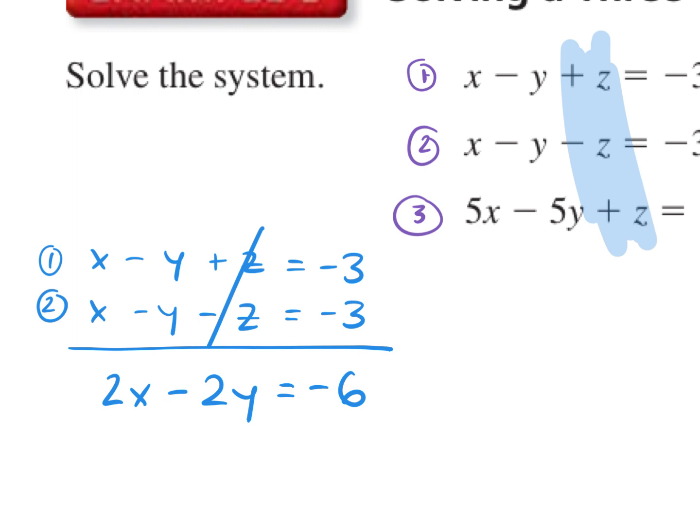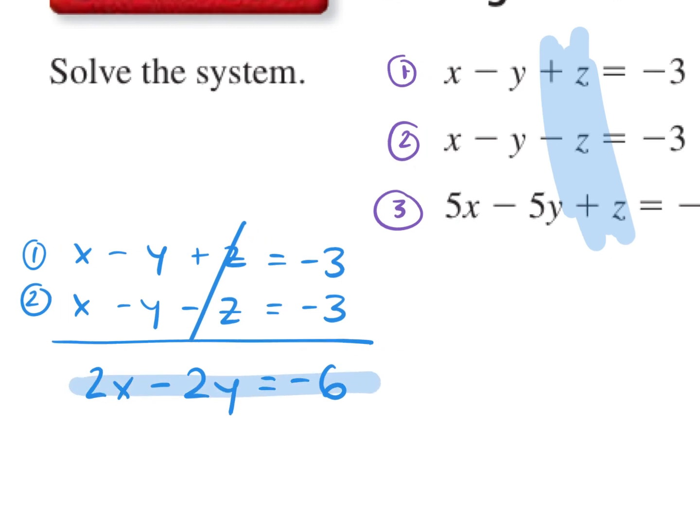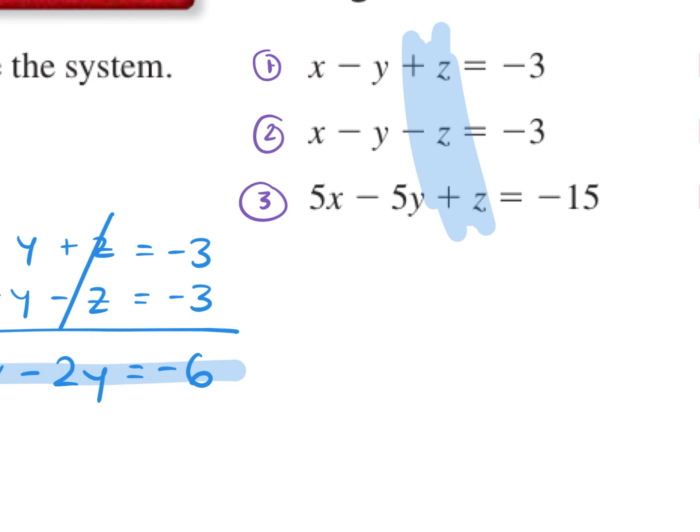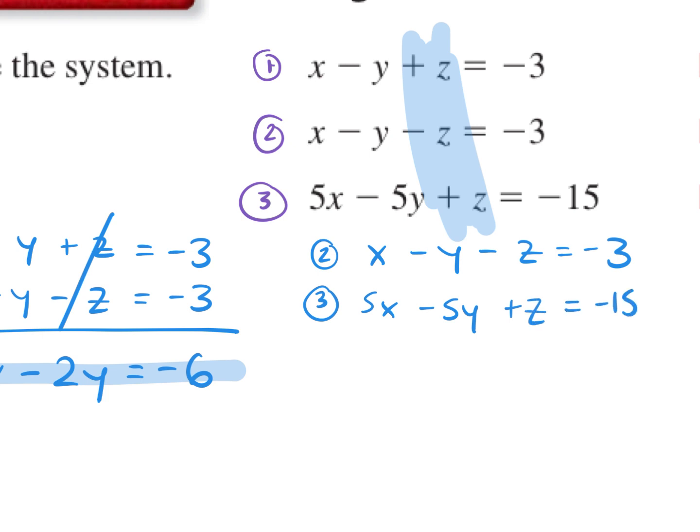What do we do next? Do that same thing over again. You have to do that step twice. Let's pick 2 and 3. So x minus y minus z is equal to negative 3. 5x minus 5y plus z is equal to negative 15.